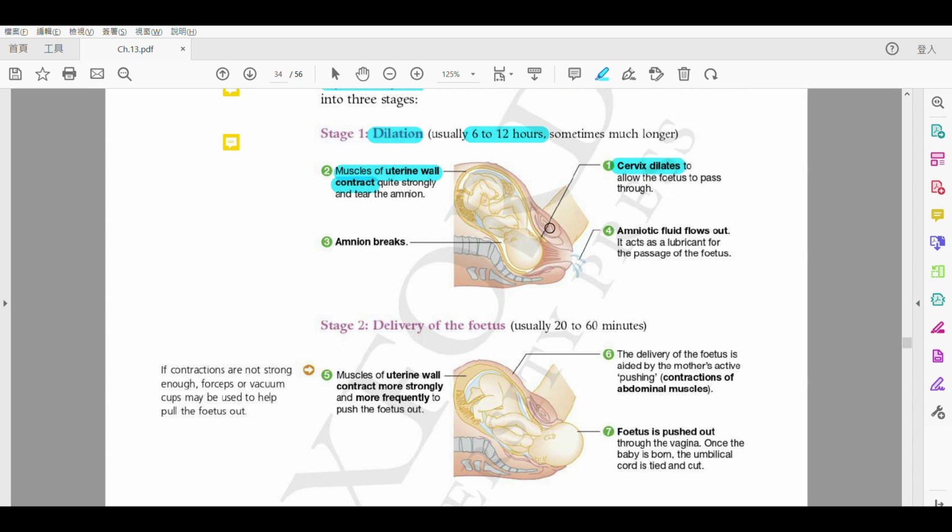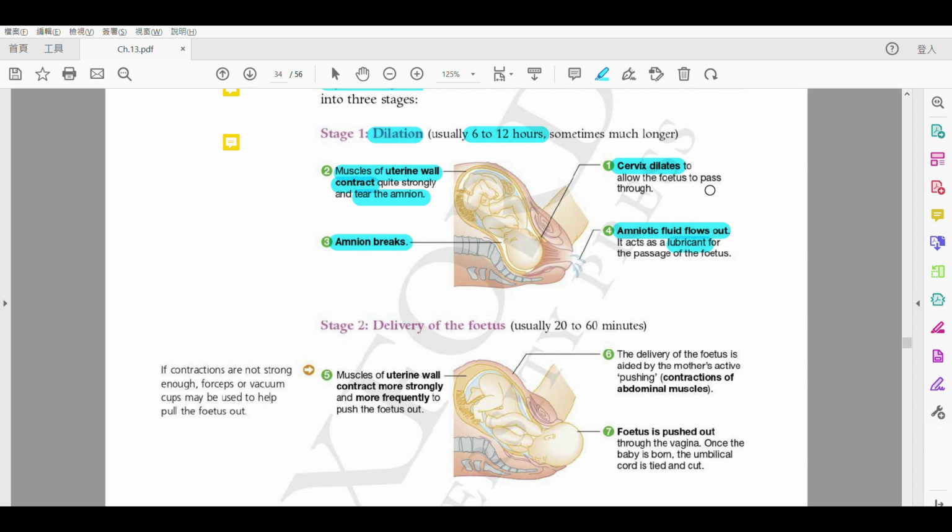The second one is the uterus wall contracting, okay? And then it will tear the amnion. Tear is like breaking the amnion. Then the amnion will break, and the amniotic fluid will flow out, acting as the lubricant.